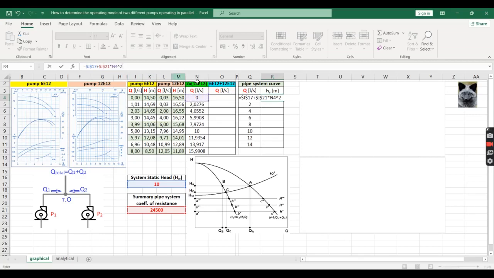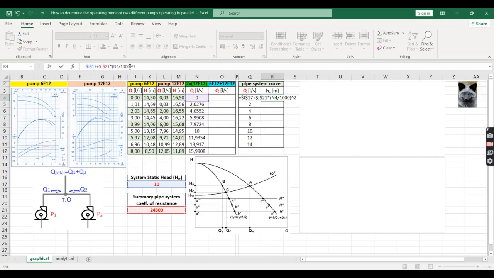However, you have to take into account that the flow rate is given in liters per second, and the equation that we are using right now requires the flow rate to be presented in its basic measuring unit, which is cubic meters per second. That's why you have to divide it by 1000.